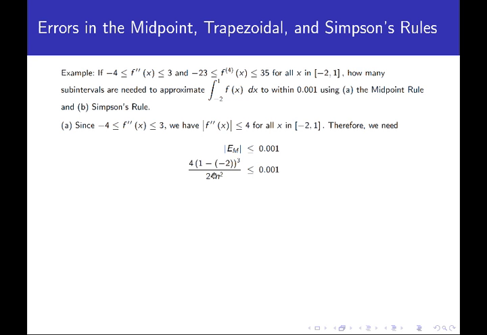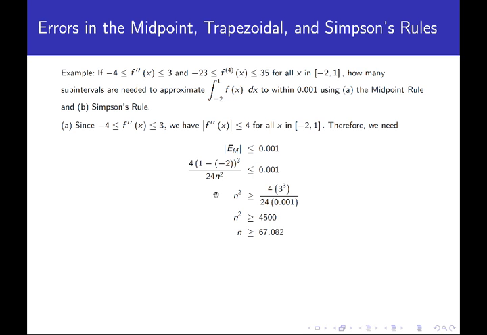Cube that, divided by 24n squared. Rearrange your inequality here. You'll get n squared is greater than or equal to 4 times 3 cubed over 24 times 0.001 in your denominator. That means your n squared has to be at least 4,500, or your n has to be 67.082.